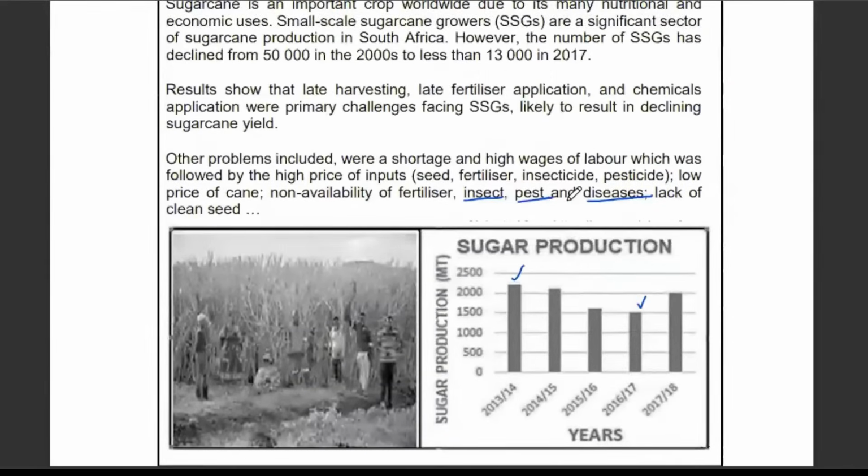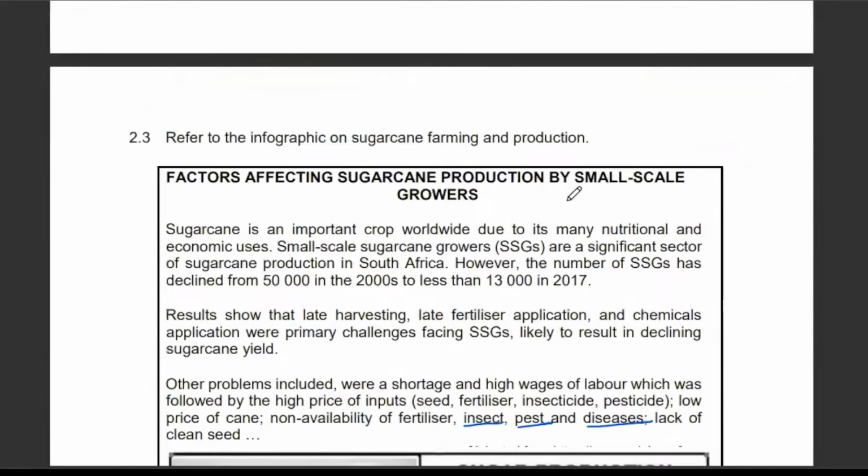Then we look at the agricultural product. Here, sugarcane is also a product of specialization in agriculture for your 2025 November examinations. And it is also your product for 2026 May, June.